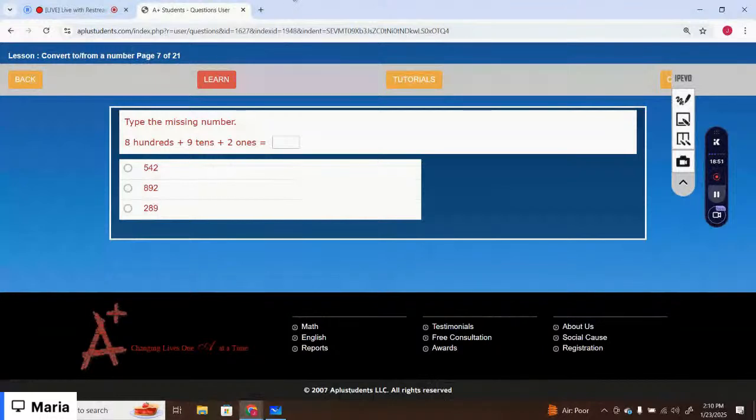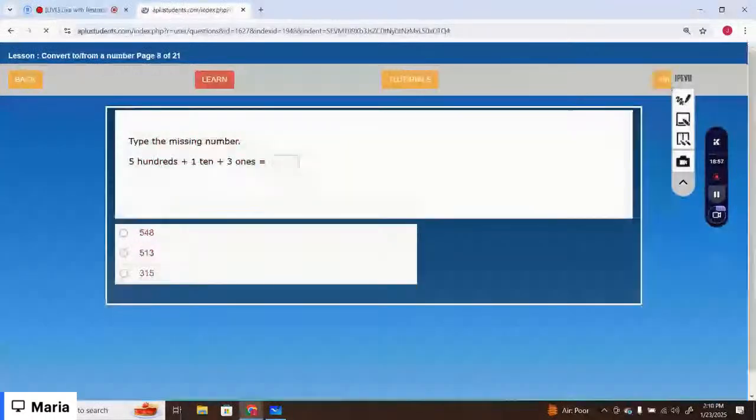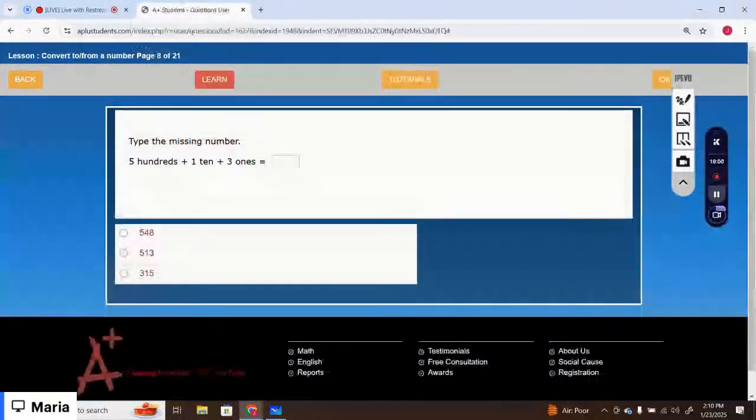So, that is option number 2, the correct option. 500 plus 1 ten plus 3 ones. So, which is the correct option? 500s, 1 ten, and 3 ones make option number 2, the correct option. That makes 513. Okay, you can complete the lesson by yourself later today.